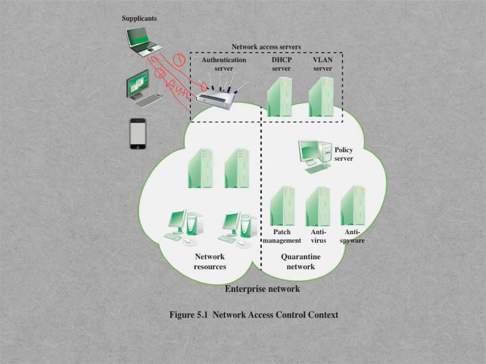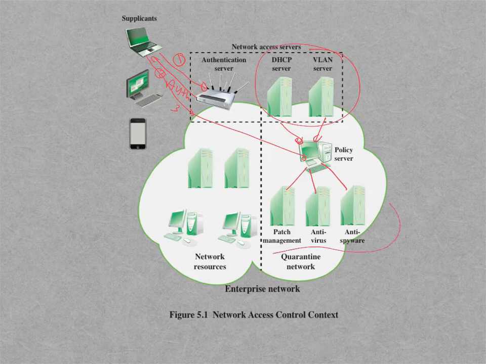Then, number 3, you have to go to the back-end server or the policy server to perform that authentication. This may require the engagement of different back-end servers, whether from the physical topology point of view or from the policy management point of view.